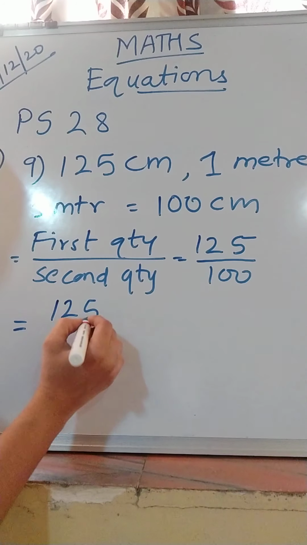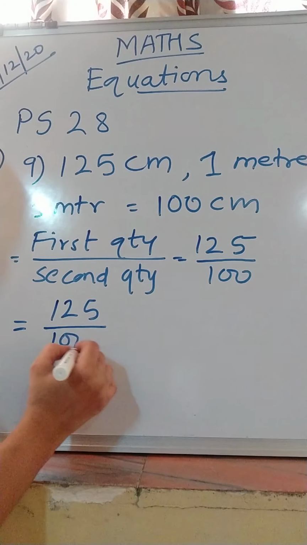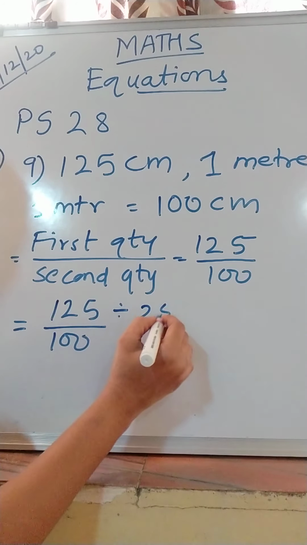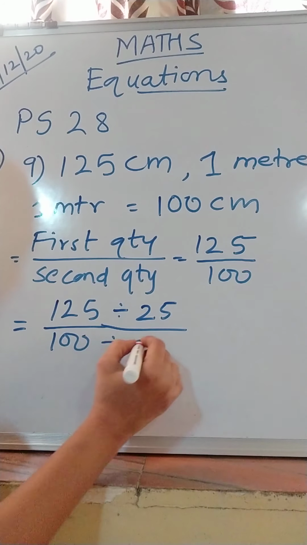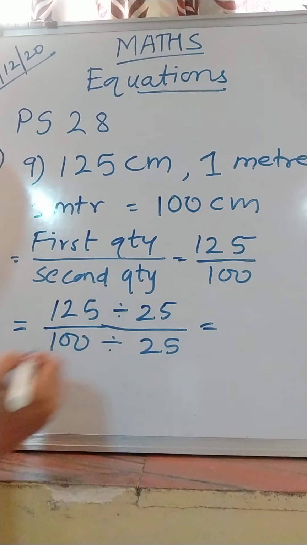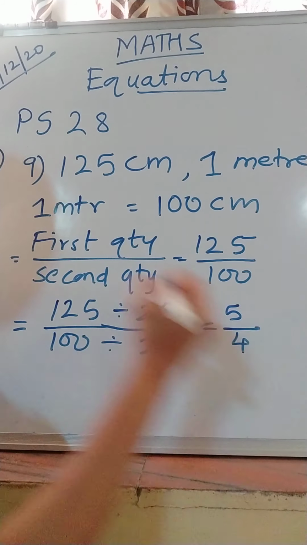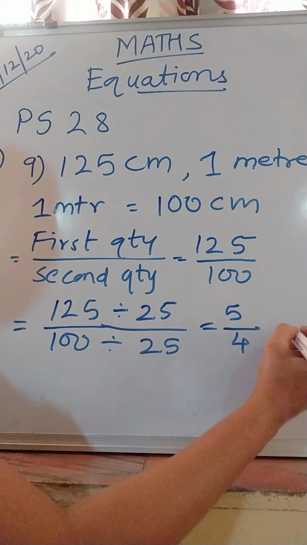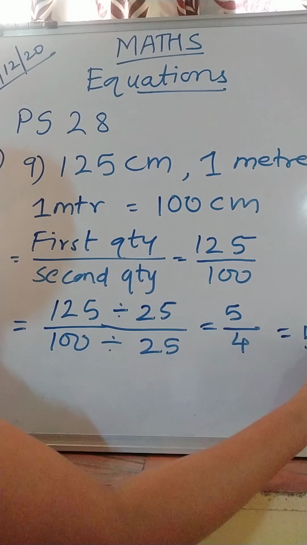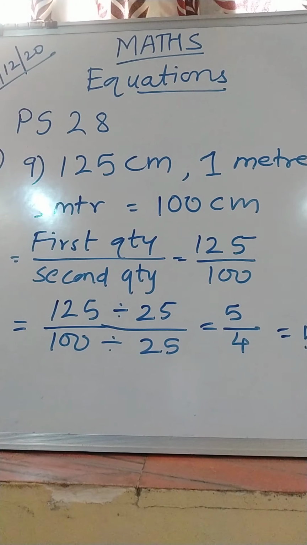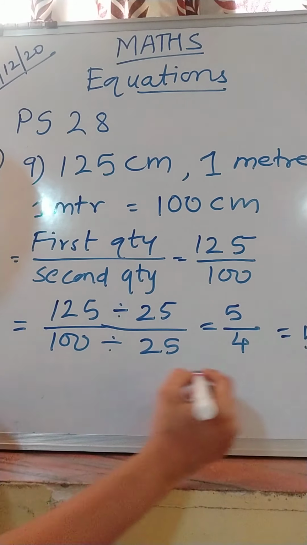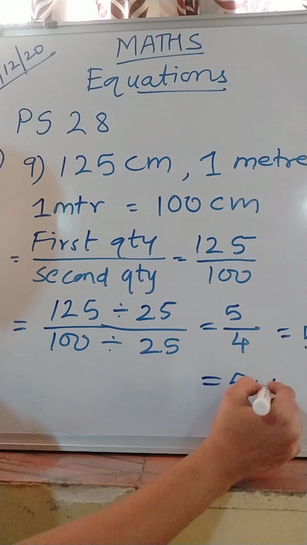So 125 upon 100 divided by 25. 25 5s are 125 and 25 4s are 100. So your answer is 5:4. Okay. Understand? 5:4.